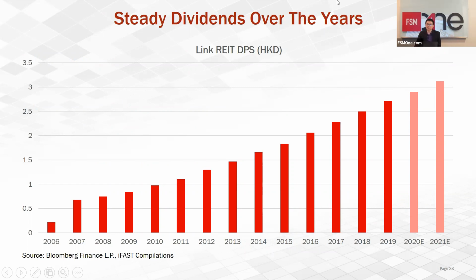Over the years, its distributions have never decreased before. And if you look at the consensus estimates right now, in 2020 and 2021, Link REIT is expected to continue its dividend growth over the next few years.